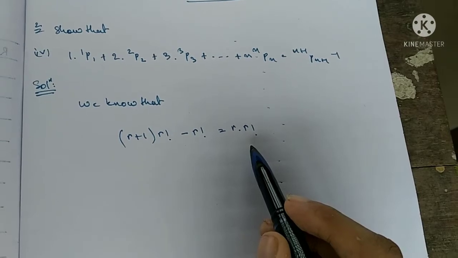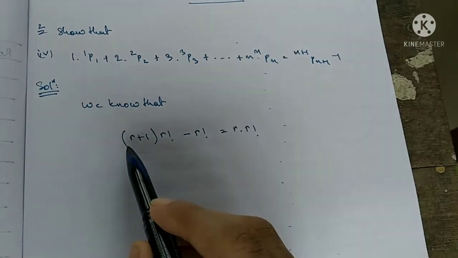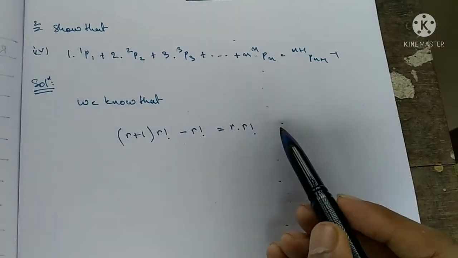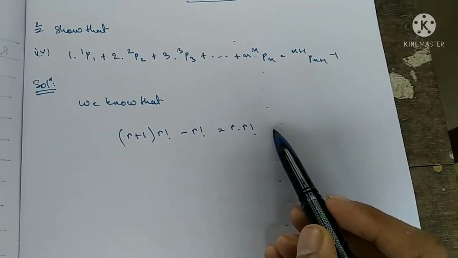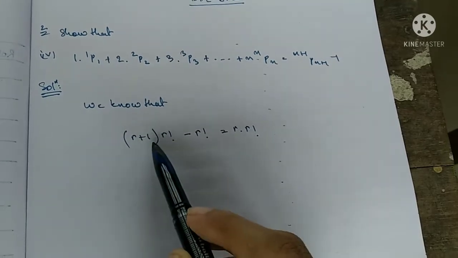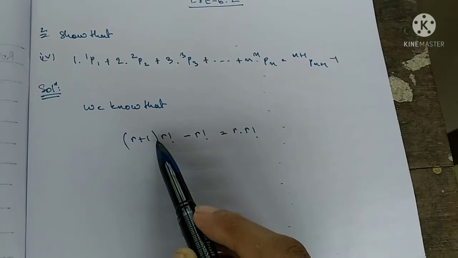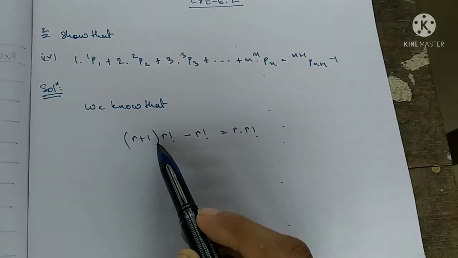Okay, finished. R plus 1 into r factorial means, if I send r factorial to that side, then plus r factorial becomes. If I multiply r factorial, what will I get? r into r factorial plus r factorial I will get. Yes or no?